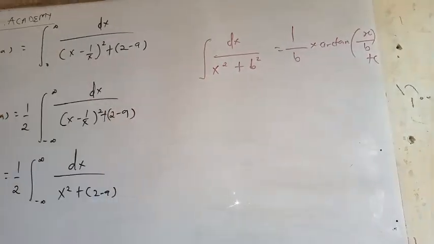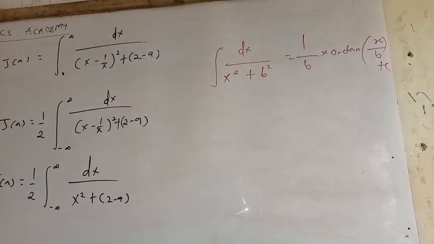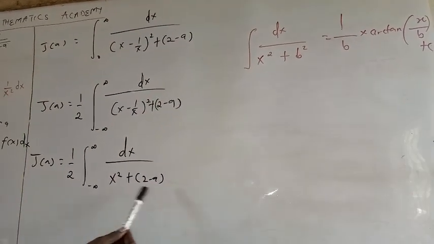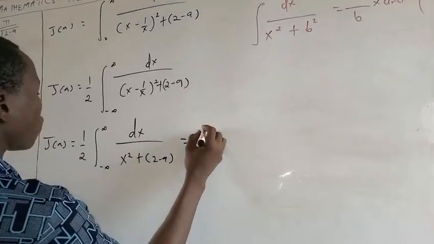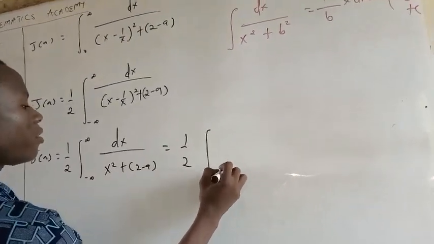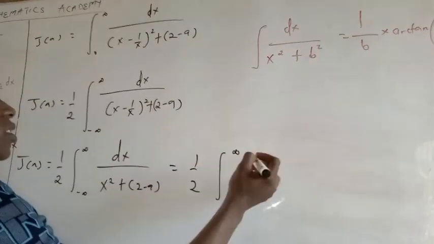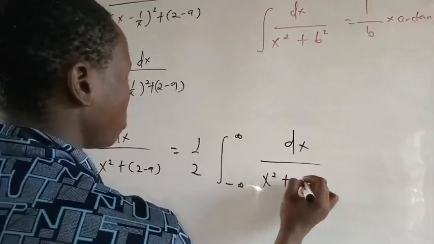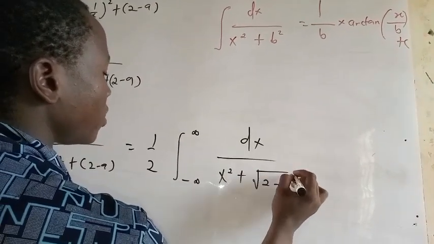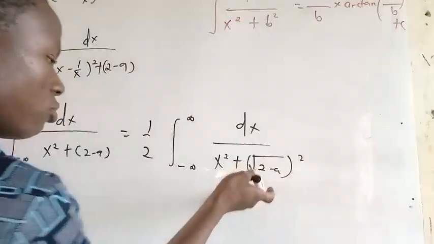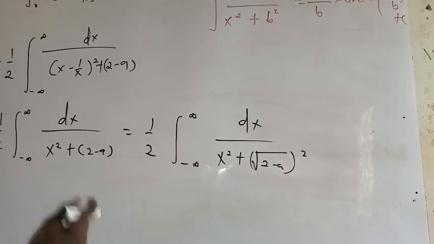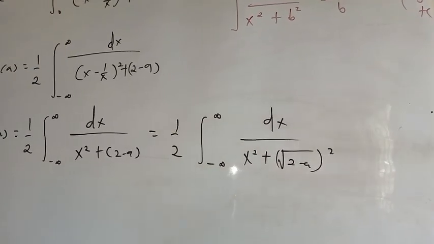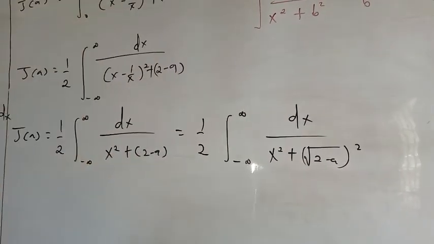So that is one of the basic integrals. So you are going to use it here. I have to manipulate this so that it gives me a square. So I have 1 over 2 times the integral from negative infinity to positive infinity of dx over x squared plus the square root of 2 minus a, squared. So the square root of 2 minus a, squared, will just give me 2 minus a. So that is it. We are doing the same thing. So use the above formula there.